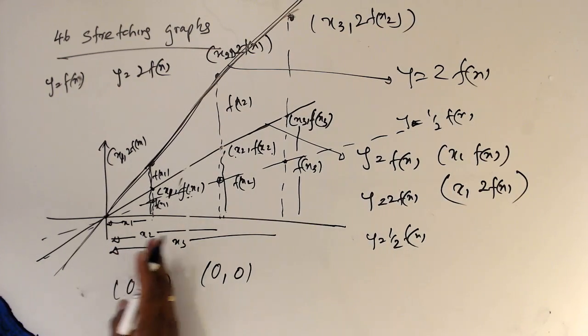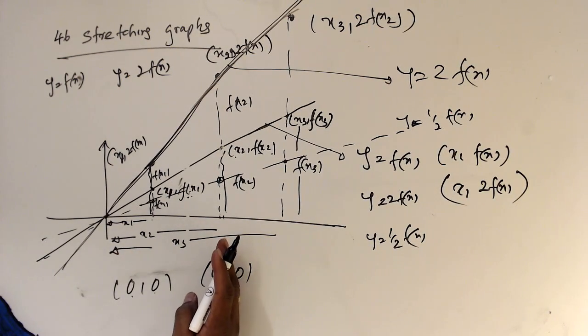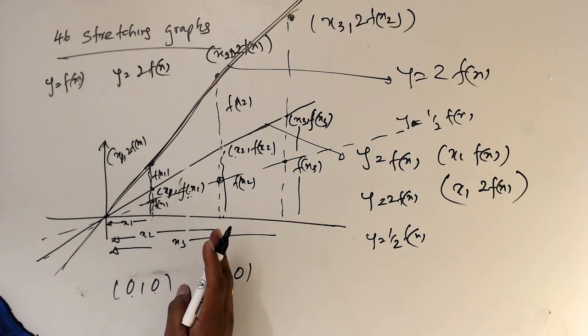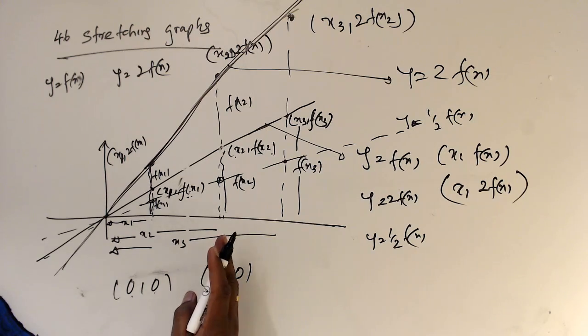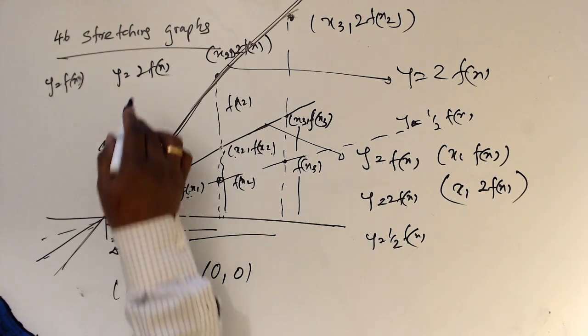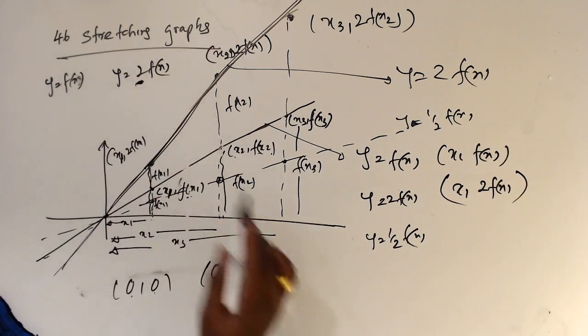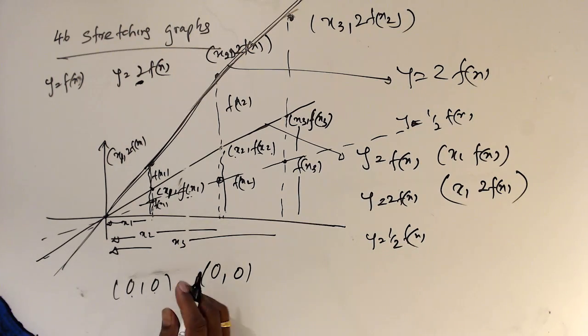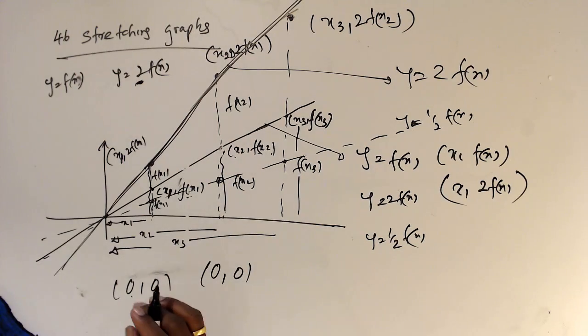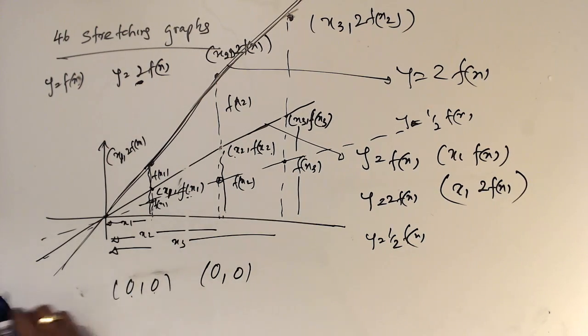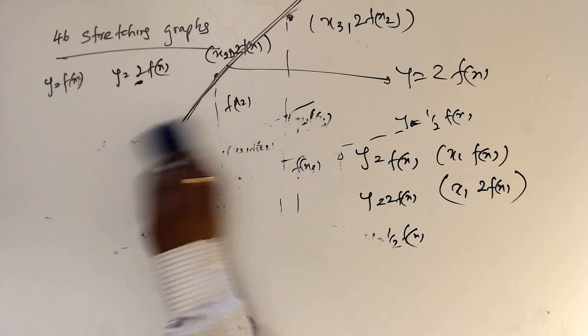We don't touch the x values. We are multiplying by 2 or half according to the scale factor given. So it is a stretching along the vertical direction. We'll discuss another example.